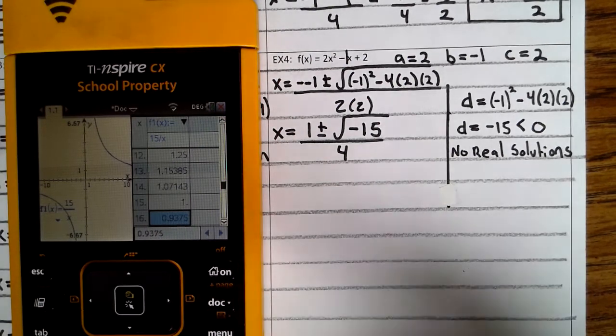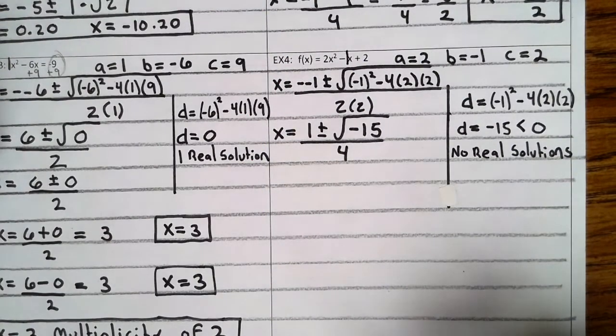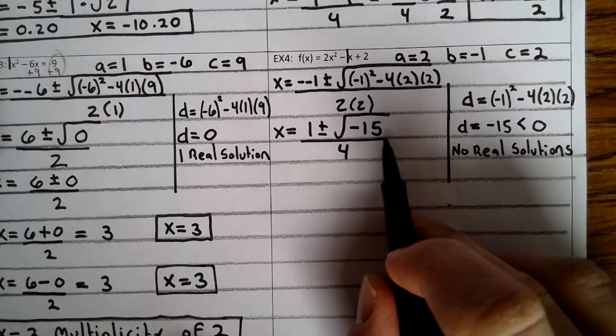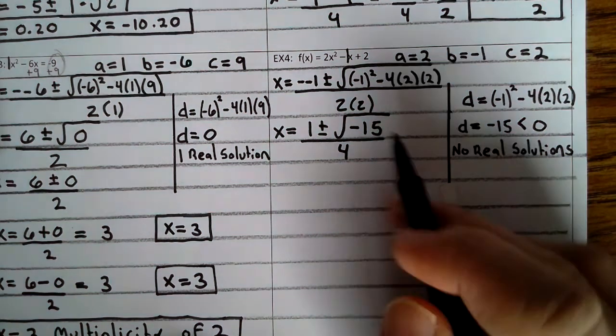Now, the square root of a negative number is an imaginary number. So we have x equals 1 plus or minus the square root of 15i divided by 4.